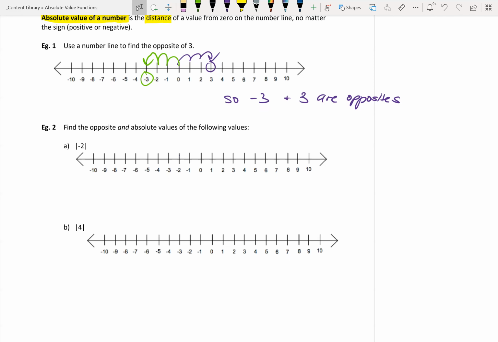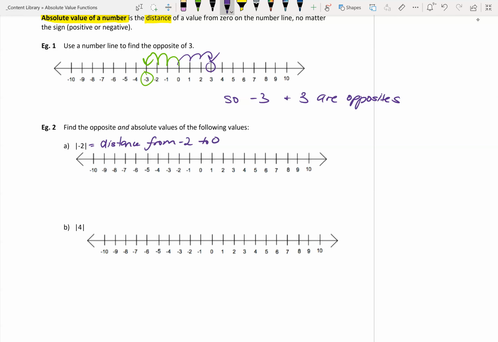Example 2, we're going to find the opposite and the absolute values of the following. So look at the absolute value of -2. This means we're looking at the distance from -2 to 0.